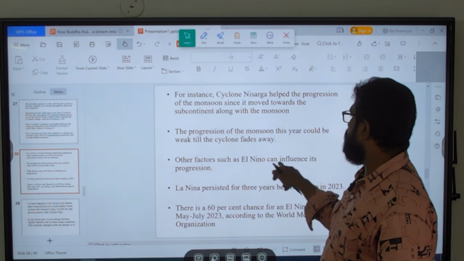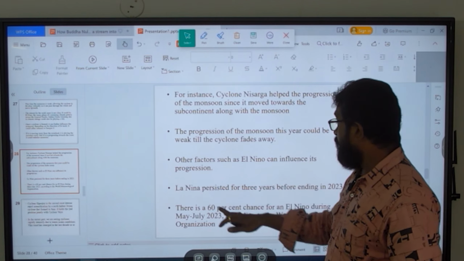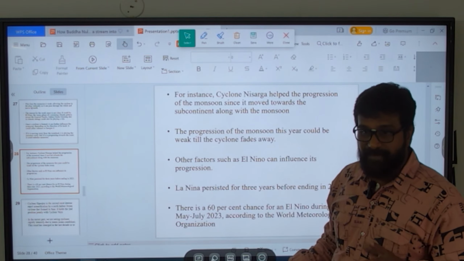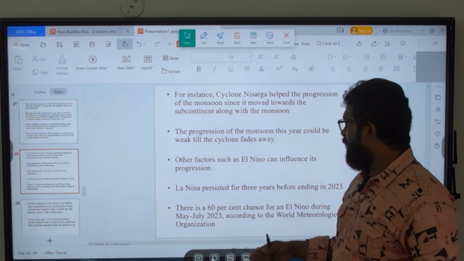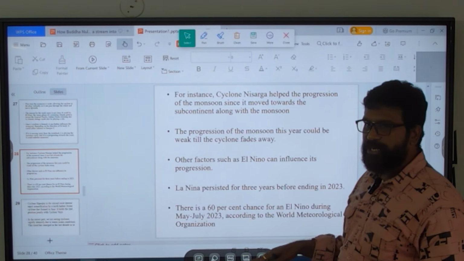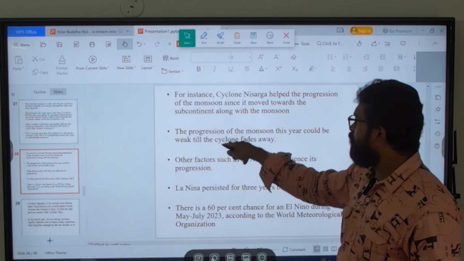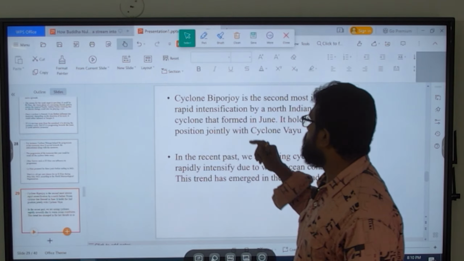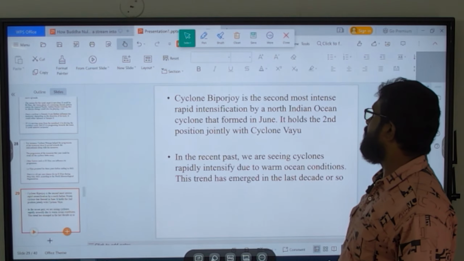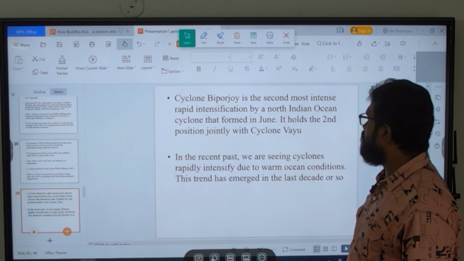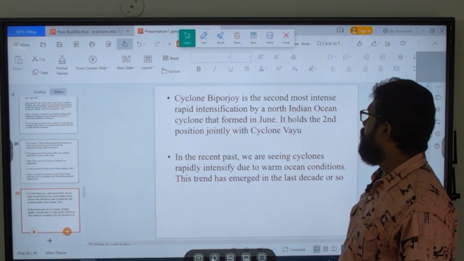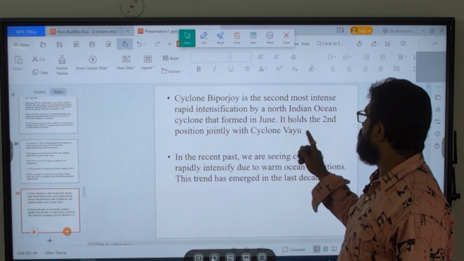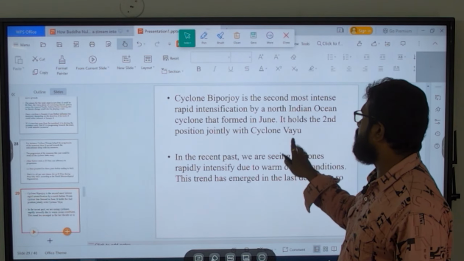And El Nino can influence its progress. If La Nina prevails, definitely we will have good rainfall. But right now, before the end of 2023, La Nina stopped and El Nino started, so we have these kinds of problems. You see, cyclone Biporjoy is the second most intense rapid intensification by a North Indian Ocean cyclone that formed in June. It holds the second position jointly with cyclone Vayu.